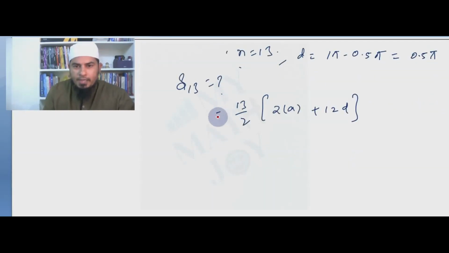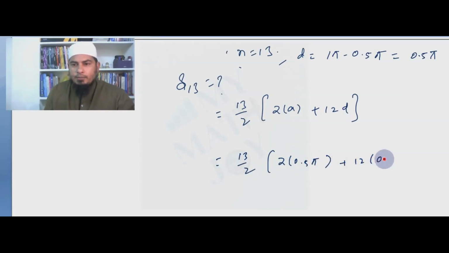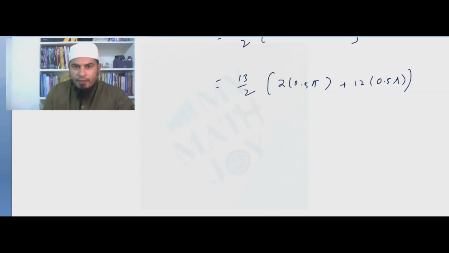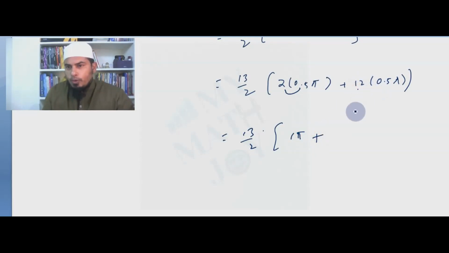So 13 by 2 times 2 times 0.5 pi, plus 12 times 0.5 pi. a is also 0.5 pi, and we have calculated d is also 0.5 pi. So 13 over 2, 0.5 times 2 is 1 pi, 12 times 0.5 is 6 pi, and 13 over 2 times 7 pi.